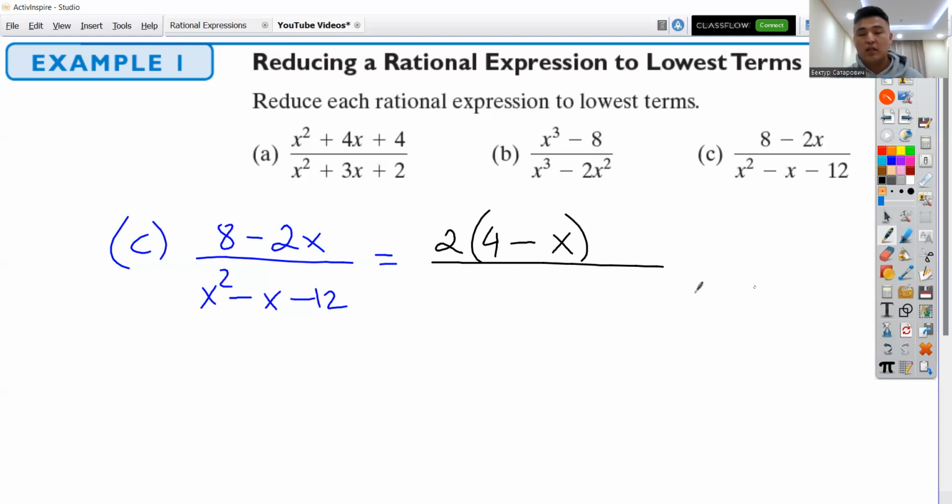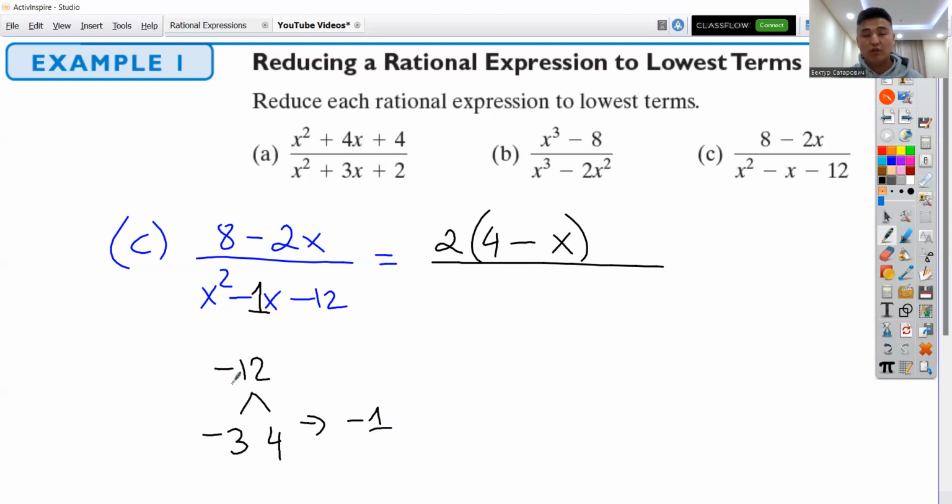All right, now let's move to the trinomial here. I have to think of two numbers. When I multiply them, it should give me negative 12, and when I add them, it should give me negative 1. Keep in mind that we have a hidden 1 here. I have 3 and 4 in my mind, but when I multiply them, I don't get negative 12. What if I do negative 3 here?